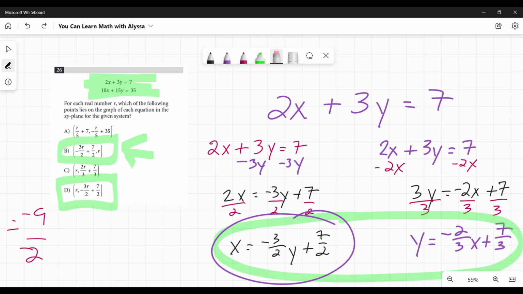What would happen if I replace that y with an r? What would my coordinates be for a point of r? R would be my y value. So this would be r. And what would my x value be? My x value is negative 3 halves times r plus 7 halves.